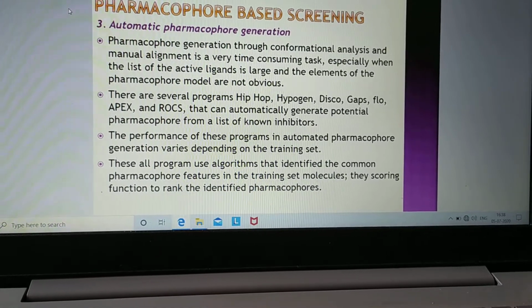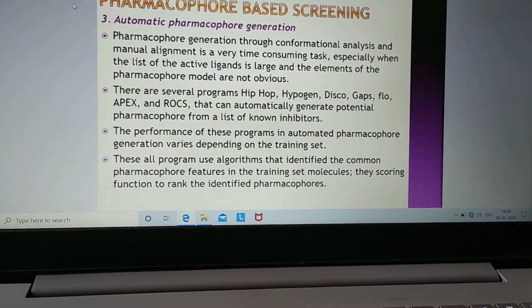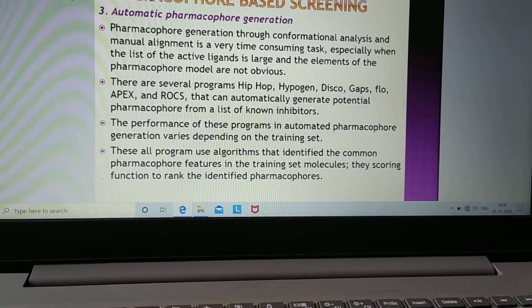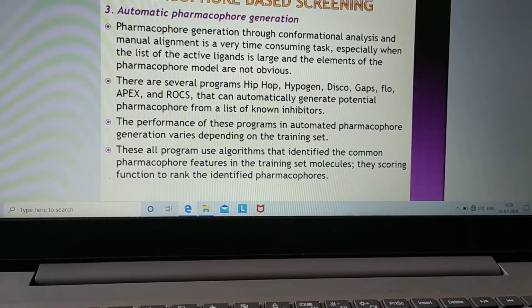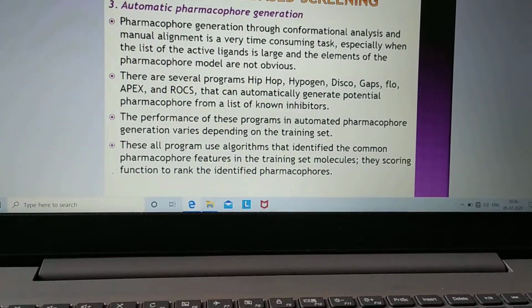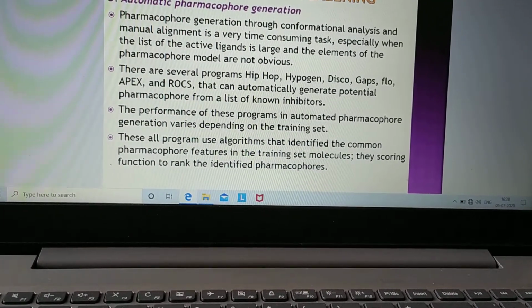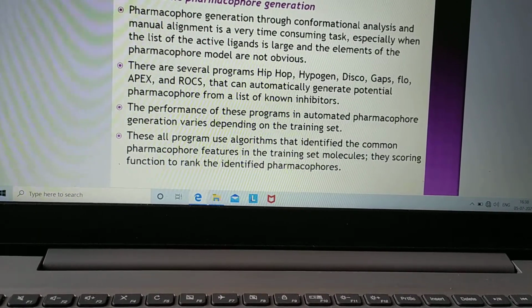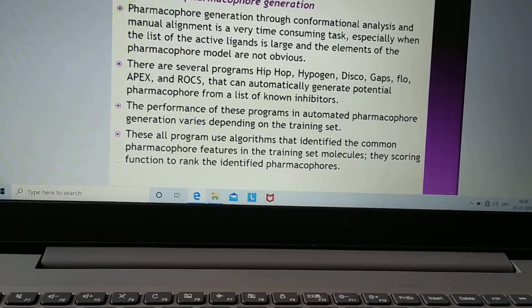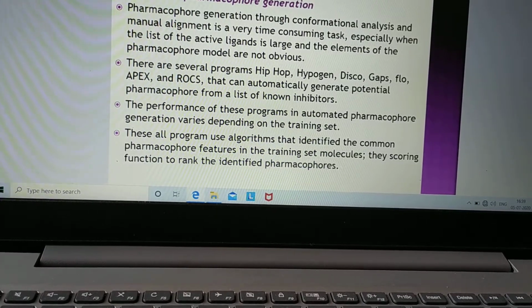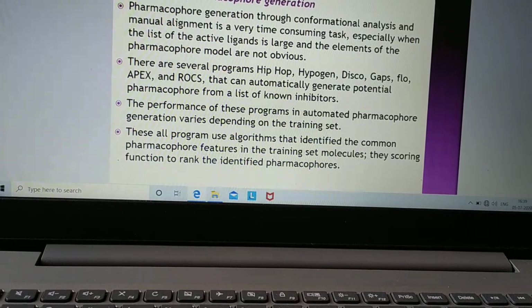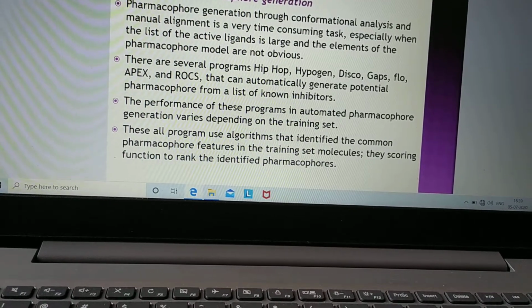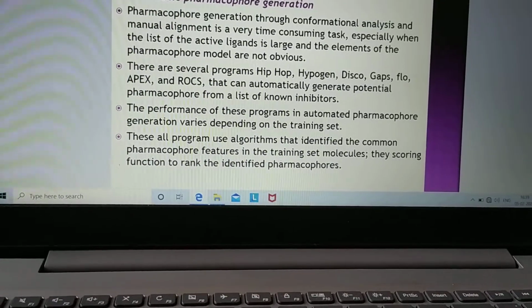There are several programs, HipHop, HypoGen, DISCO, GASP, FLO, APEX, and ROCS, that can automatically generate potential pharmacophores from a list of known inhibitors. The performance of these programs in automated pharmacophore generation varies depending on the training set. All these programs use algorithms that identify the common pharmacophore features in training set molecules, and a scoring function to rank the identified pharmacophores.